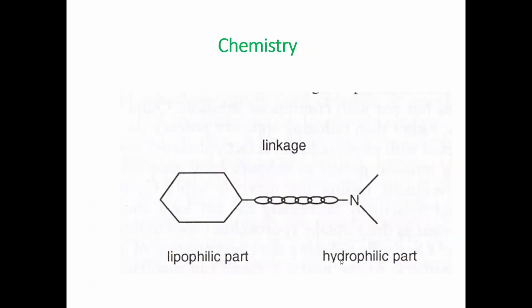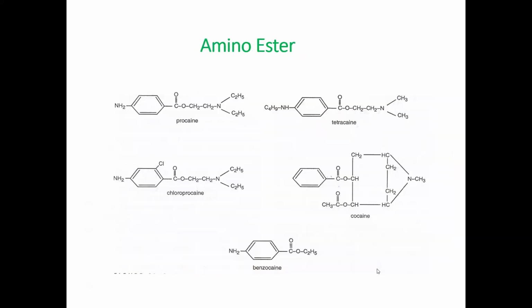The local anesthetics are basically composed of a lipophilic part, linkage, and hydrophilic part. This linkage determines whether this is an ester or amide. So you have the esters here because of the ester linkage here.